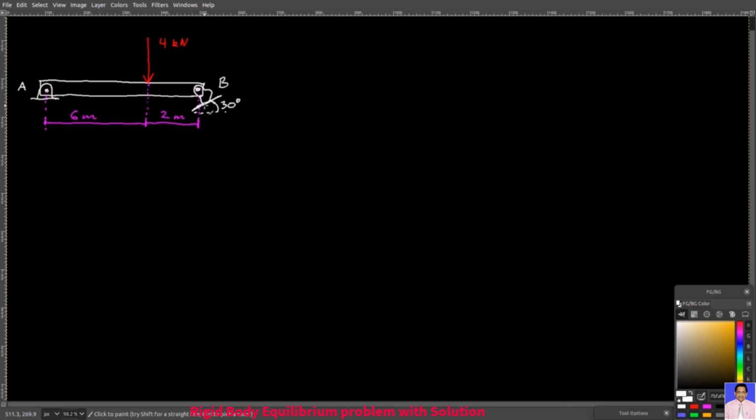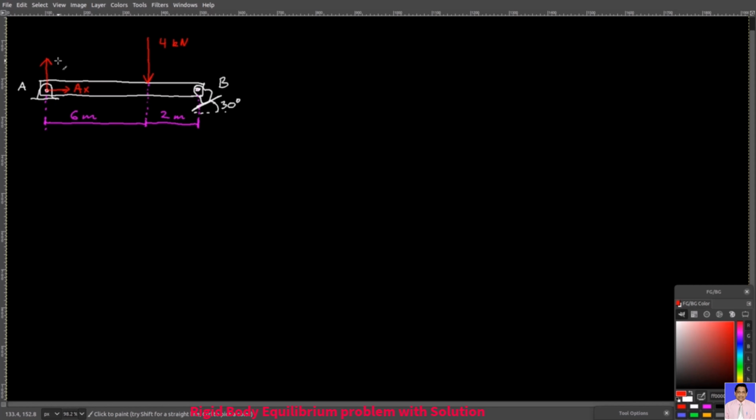And it is. As you can see, at points A and B, you have two supports that hold the beam in place. If you think of the beam as a separate entity, then it only interacts with the rest of the world, in other words, with the ground, at these two points, A and B. These two supports keep the beam in place where it is. The forces at the supports at points A and B are the following. You have a horizontal force at point A that the ground applies to the beam through the pin.